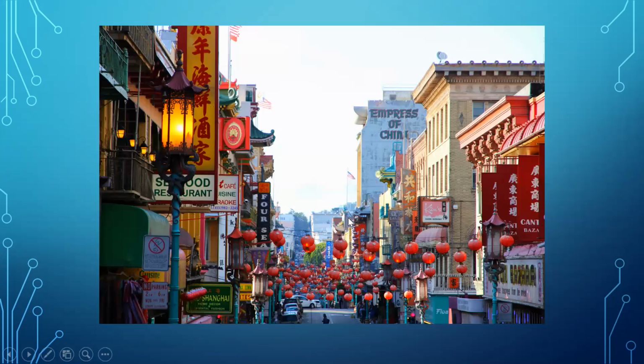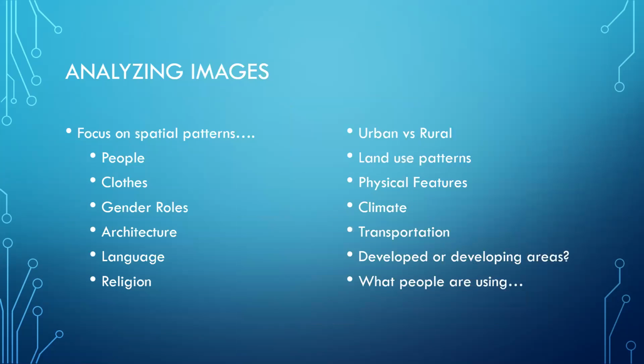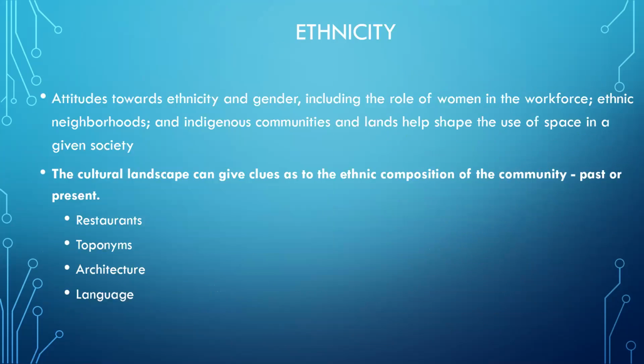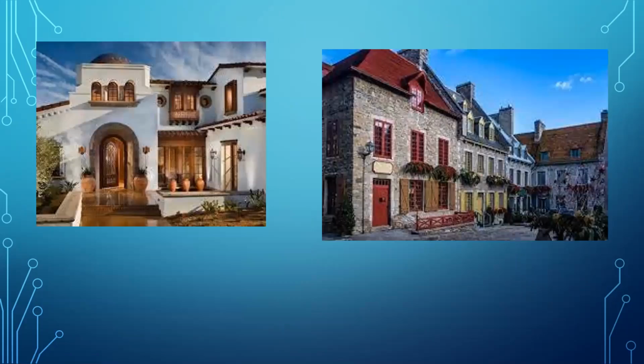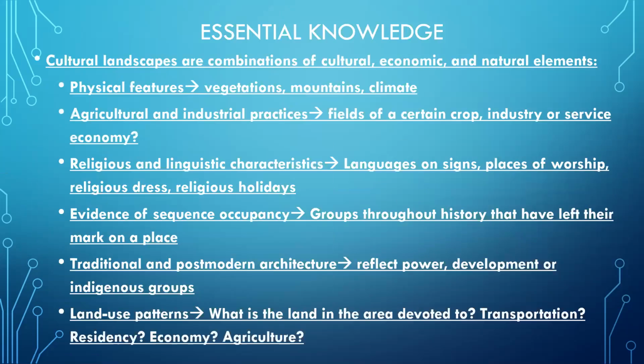But anyways, so yeah, cultural landscapes, you guys, 3.2. It's going to take a lot of getting used to looking at some images and being able to tell what society is like there, what gender roles are like there, what the culture is like there.